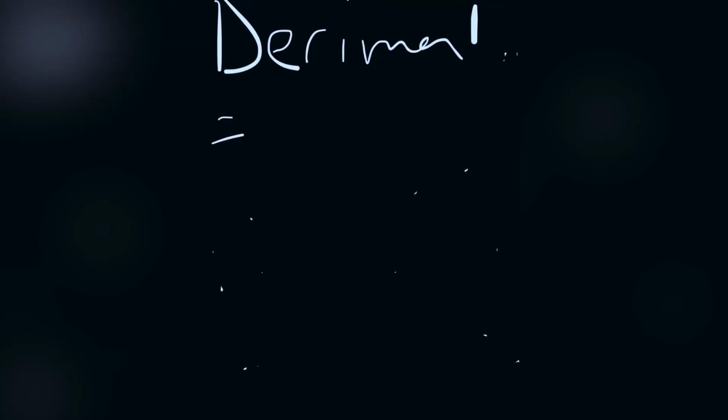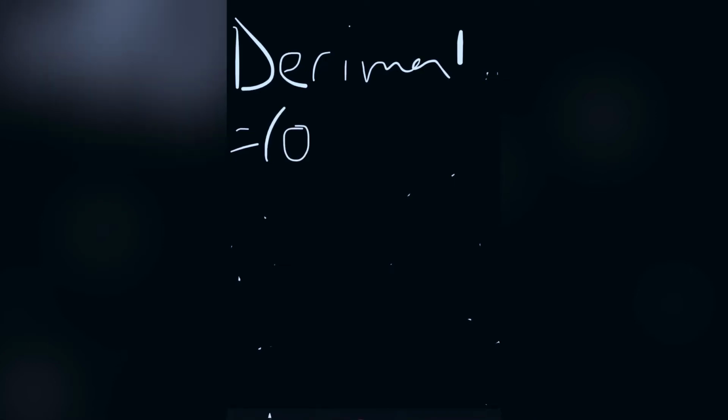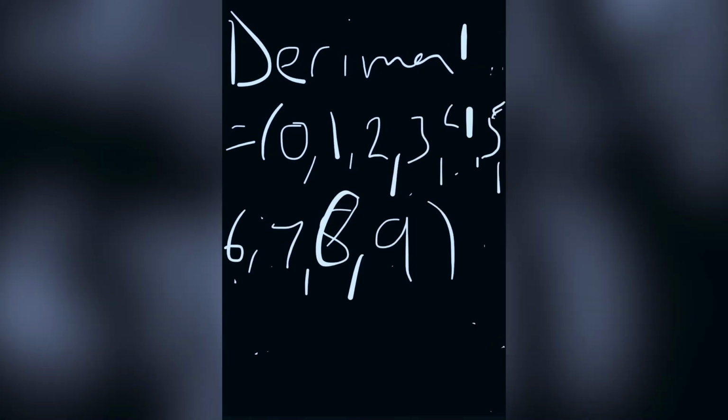Then another thing is, let us see here. I'm going to show you the digits a decimal has, the digits a binary has, the digits the octosystem has, and the digits hexadecimal has. So a decimal has 0, 1, 2, 3, 4, 5.